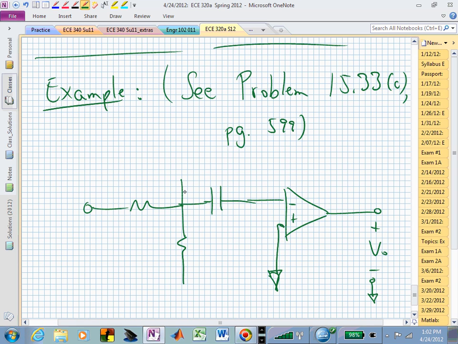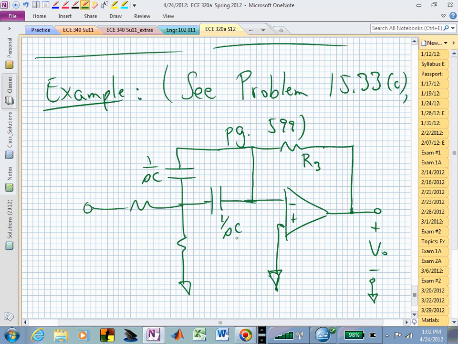And let me make this a capacitor. Now I'm going to do something that you need to kind of keep track of. I'm going to now short that node between this resistor and the feedback path, which I'll label R sub 3, and these two capacitors, 1 over SC, 1 over SC.